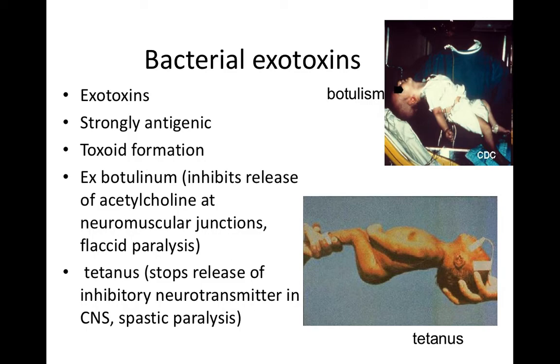What the botulinum toxin does is inhibit the release of a neurotransmitter that's made by that motor neuron. Whenever the motor neuron is carrying what we call a nerve impulse or an action potential, at the point where the motor neuron innervates the muscle, the neuron should release acetylcholine.